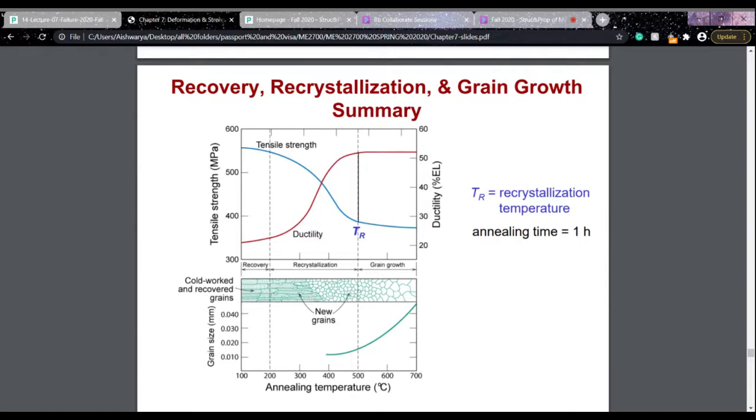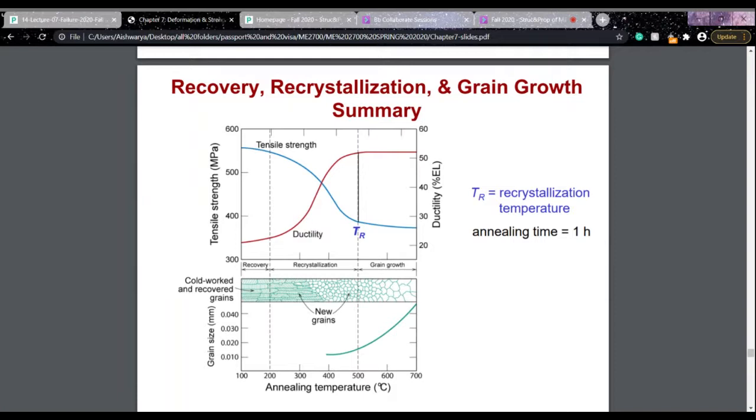So small, tiny equiaxed grains start forming at the grain boundary regions, and then more grains are formed, and the microstructure is completely replaced with a new set of grains. And then in the grain growth stage, slowly as the temperature is maintained, these finer grains increase their size and grow to an increased average grain size diameter.